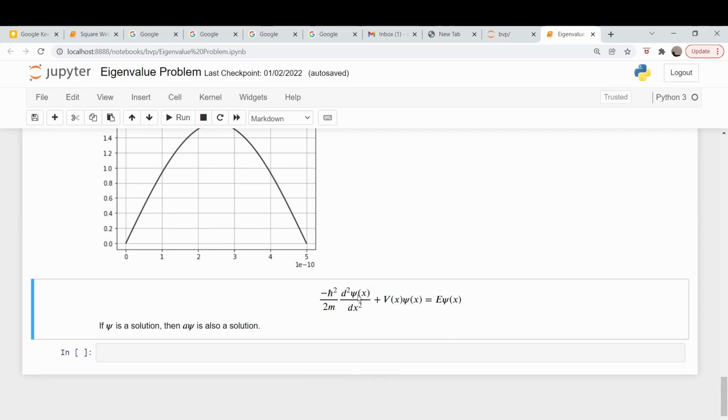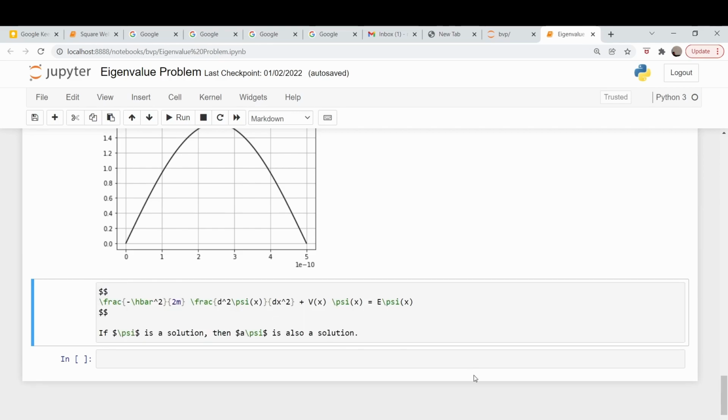If you plug in a times psi in here, it's just going to divide out because of the linear nature of differentiation. So this would be a times h bar squared over 2m times the second derivative of psi, and then we have a here, and they just divide out. But then again, that just makes the first derivative of our new solution, what is that?